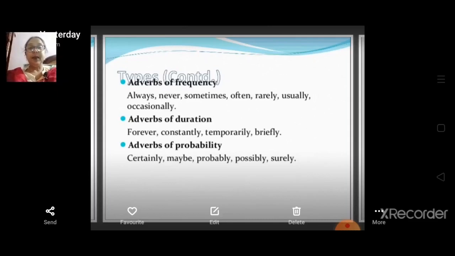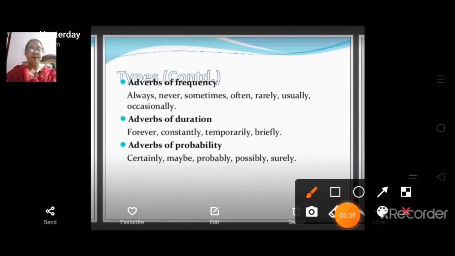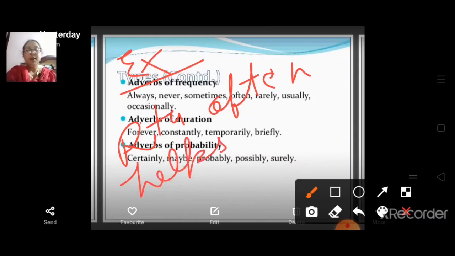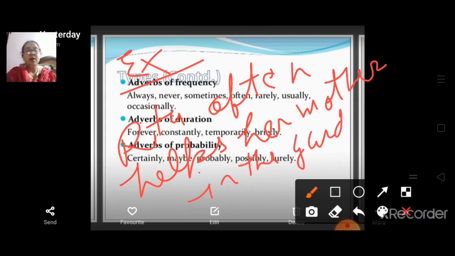If I give you a few examples of adverbs of frequency, the example I am going to give: Rita often helps her mother in the garden.